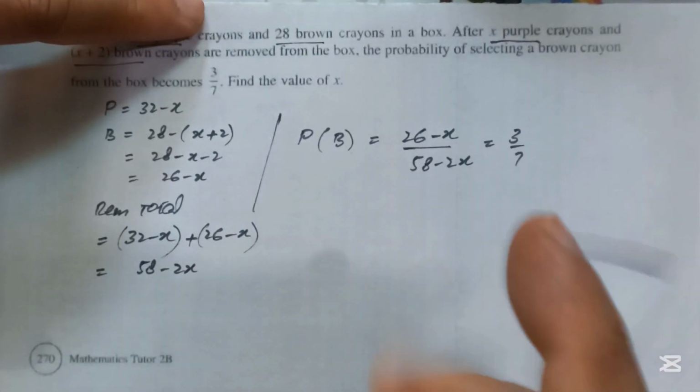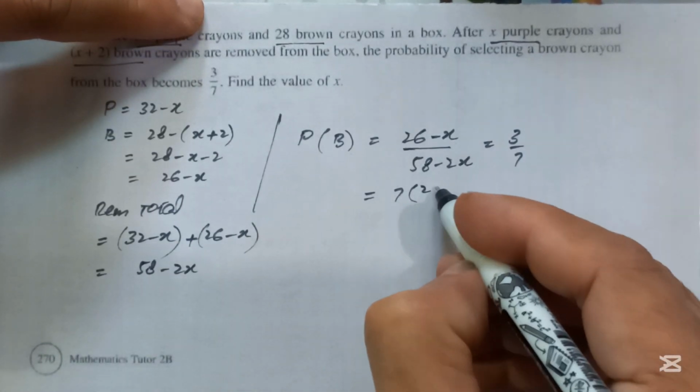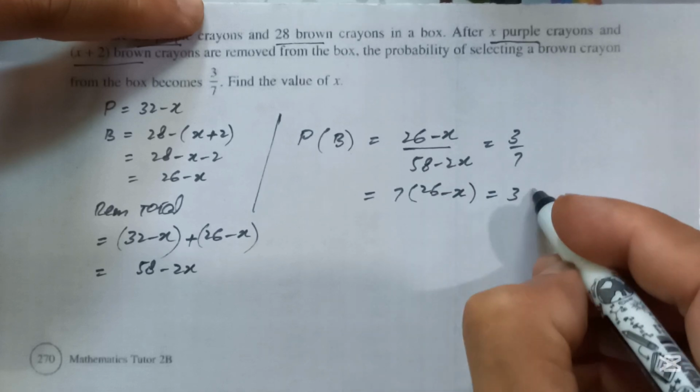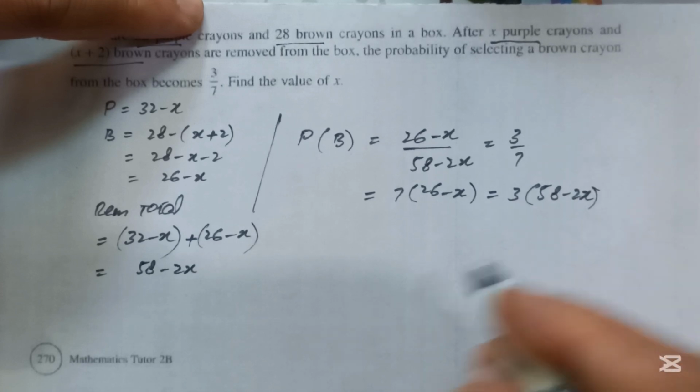Just cross multiply the values. 7 into 26 minus x and 3 into 58 minus 2x.